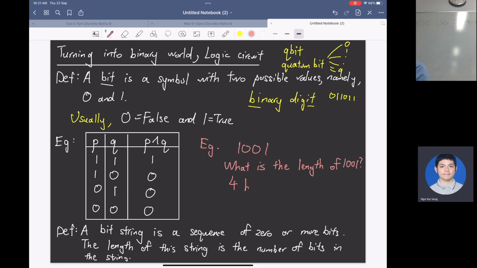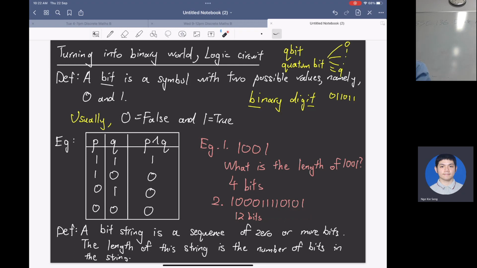Okay, 4 bits. Understand? Maybe we try one more. Let's see this one: 10000101. What's the length? Yes, this is 8, 1, 2, 3, 4, 5, 6, 7, 8.